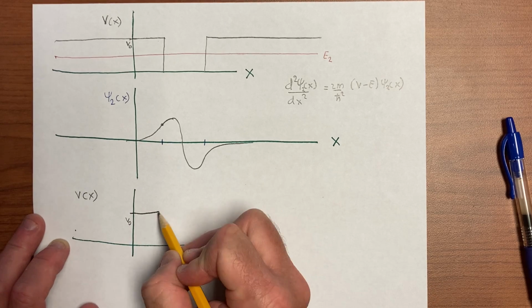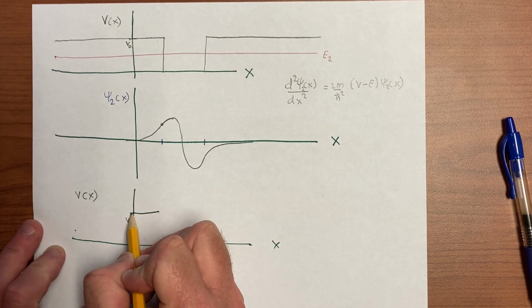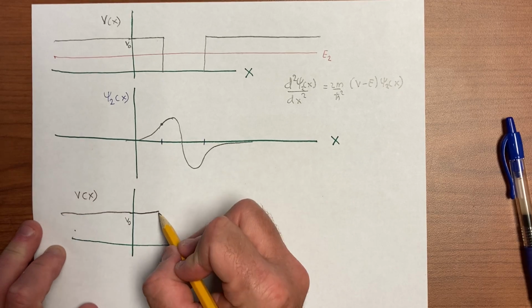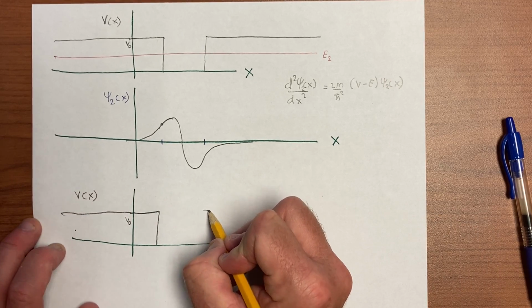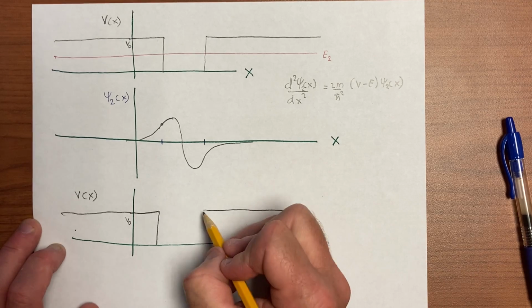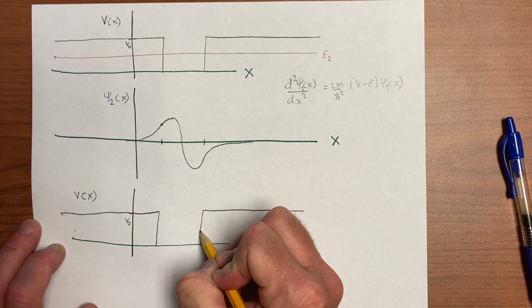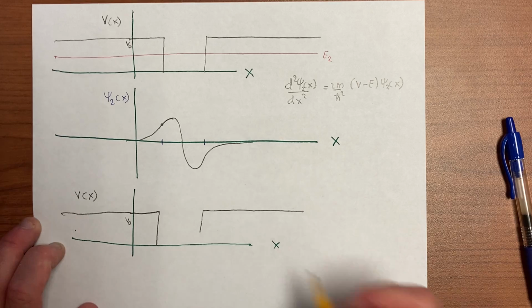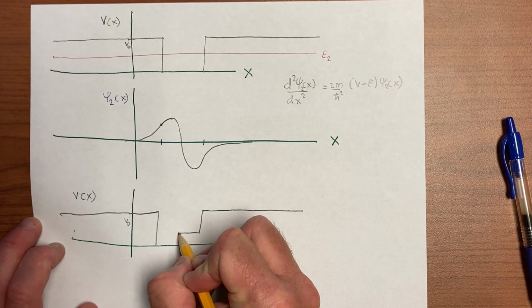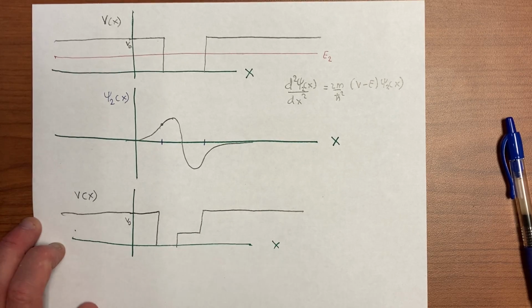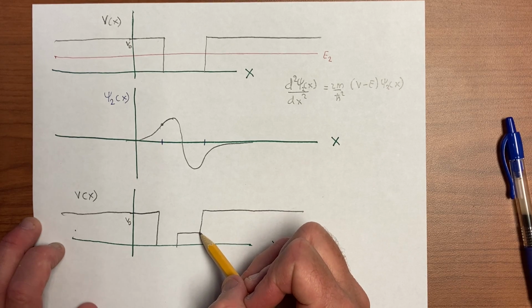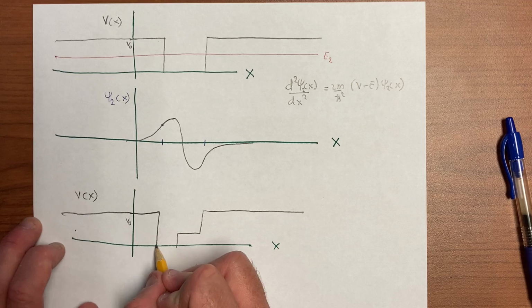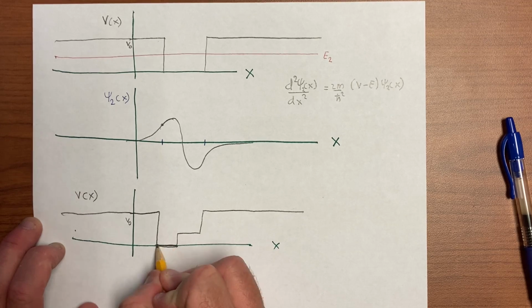This will continue as it was over there. Then we'll come down to 0. And then here again we'll be at V naught, at x equals infinity. But then we won't go to 0 there. Halfway through the well, we'll do something like that. So this value here is greater than 0. Here it's 0, so we're doing what we had there.